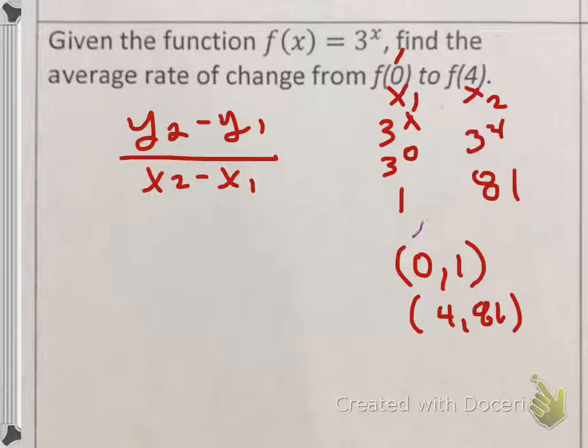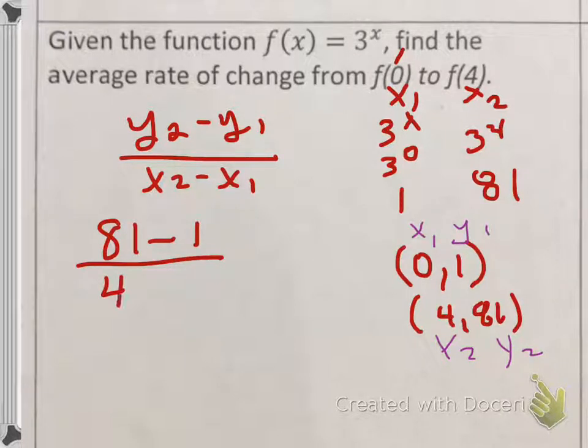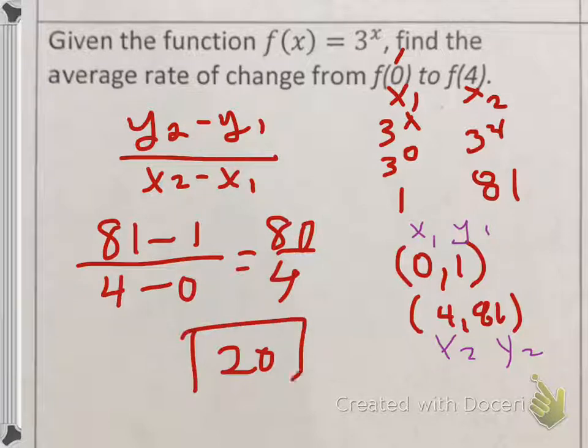Again, remember, this was my first x, my first y. This is my second x, my second y, and I'm going to plug them into the formula. So y2 minus y1 over x2 minus x1. So I get 80 divided by 4, which is going to be 20.